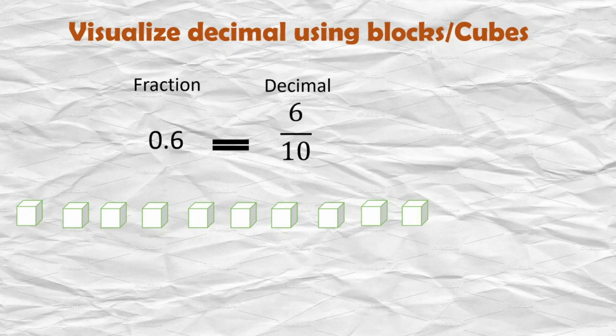So that is our denominator, which is 10. Whatever the denominator is, that is what you draw. And then our numerator is 6, so you are going to color or shade 6 cubes. 1, 2, 3, 4, 5, 6. That is how we visualize a decimal using blocks or cubes.